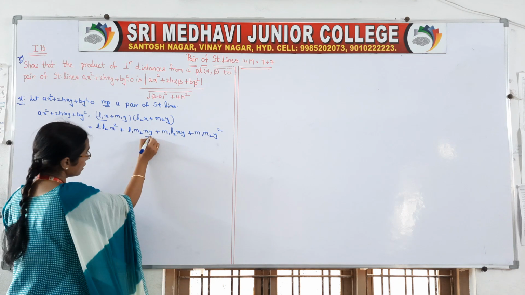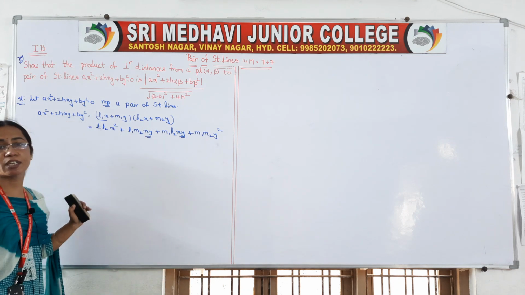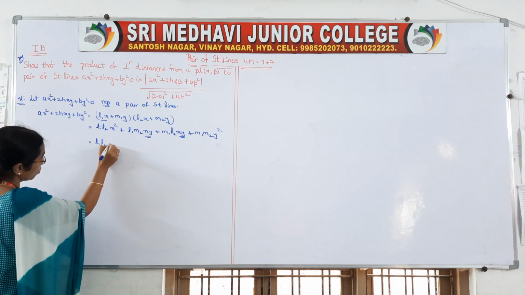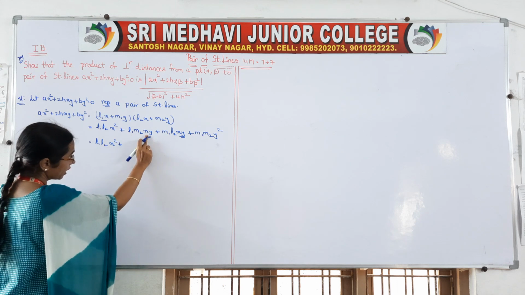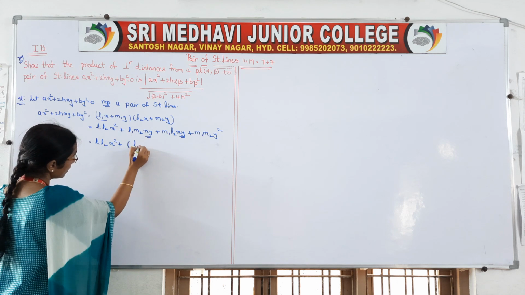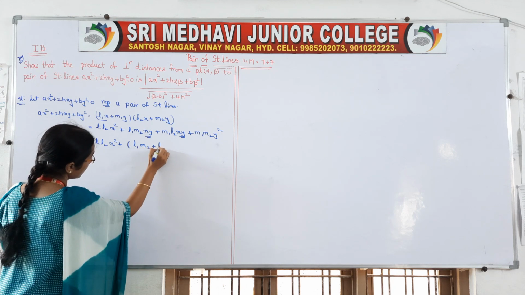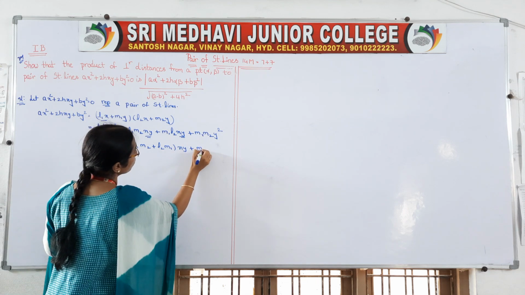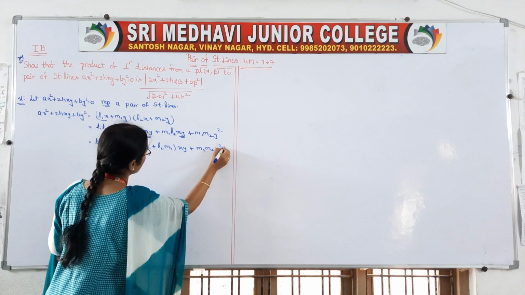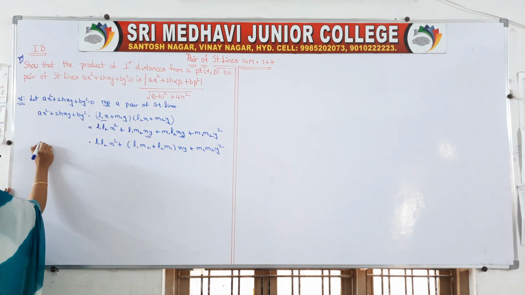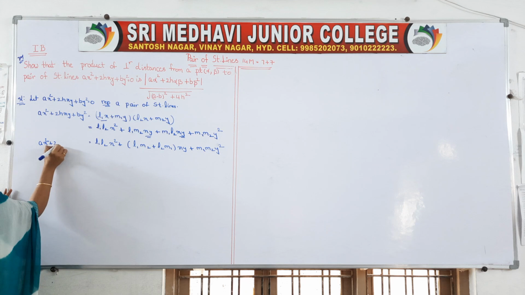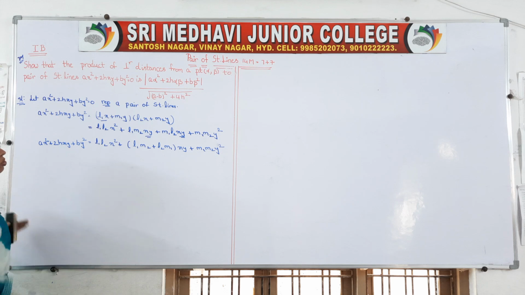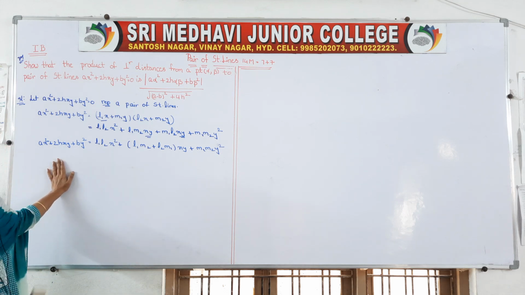Now if you observe, this is an xy term, this is also an xy term. Write the xy terms together. So L1 L2 x square plus, taking xy common inside the brackets, L1 M2 plus L2 M1 into xy plus M1 M2 y square. This is nothing but your ax square plus 2hxy plus by square, isn't it?